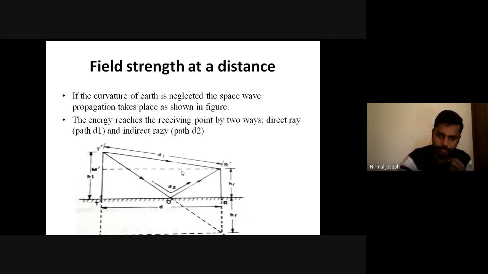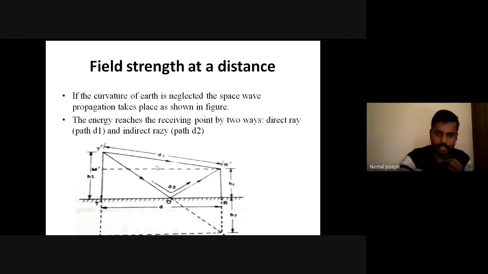So while calculating the resultant, we have to calculate the path difference and phase difference between these two waves. Then we can calculate the resultant of these two waves at the receiver.